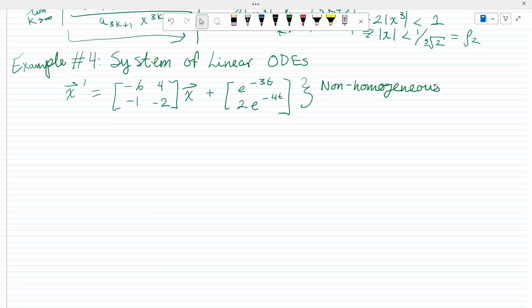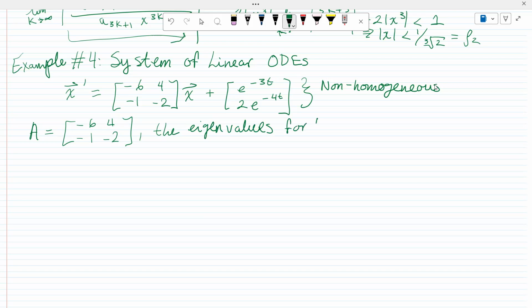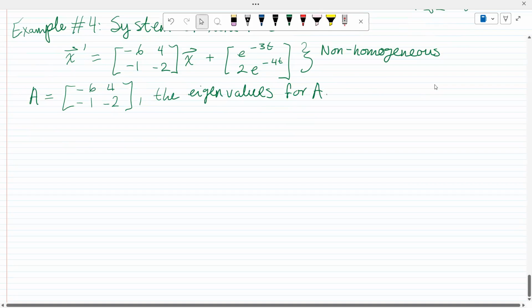Okay, so we know for sure that our matrix transformation looks like this. And we need to figure out the eigenvalues for A, right?